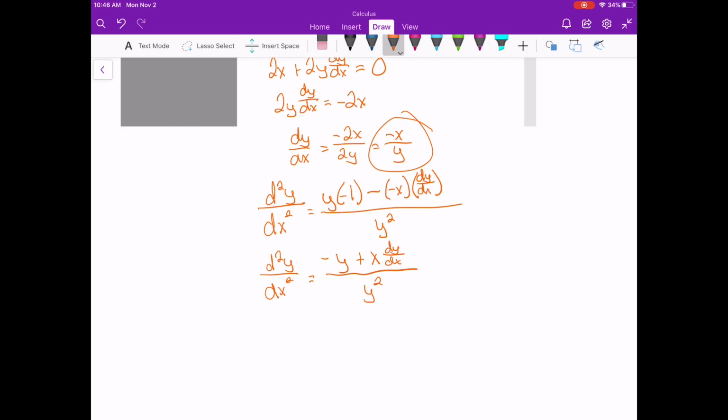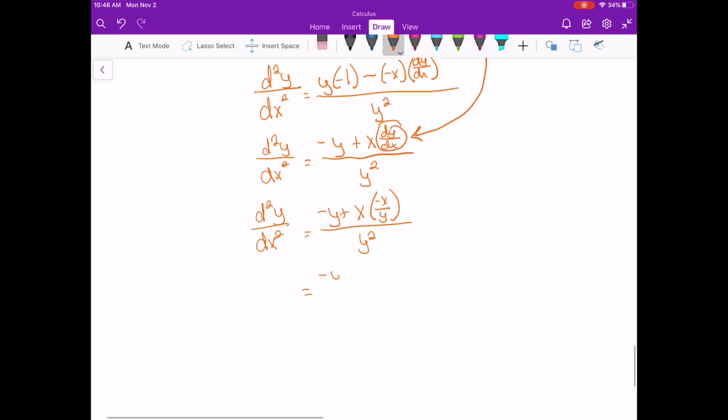We have this dy dx within our second derivative. But we found out earlier that dy dx equals negative x over y. So I'm going to substitute back in. So d squared y over dx squared equals negative y plus x times negative x over y all over y squared.